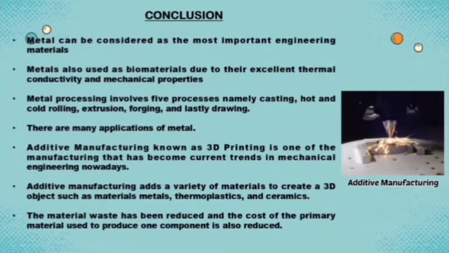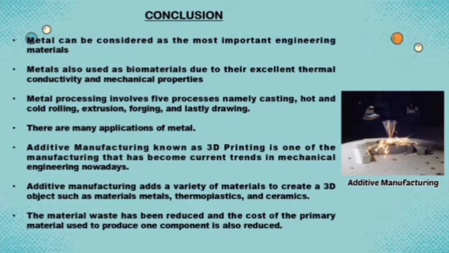Okay, now I will proceed to the last part, which is the conclusion. I will also show a list of all our reference sources at the end of this presentation. In conclusion, metal can be considered the most important engineering material and is used as a biomaterial due to its excellent thermal conductivity and also mechanical properties.